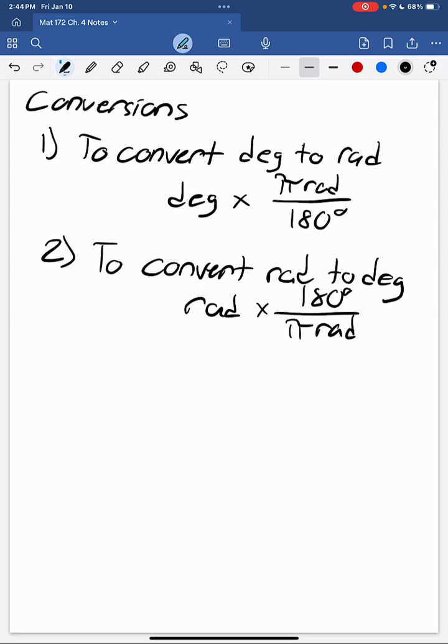It's no different than going from inches to feet, feet to yards to miles, etc. The conversions work in the same capacity, except now we're using degrees and radians for our units. Let's do an example of this.